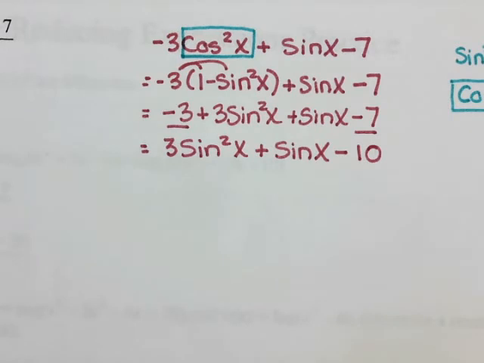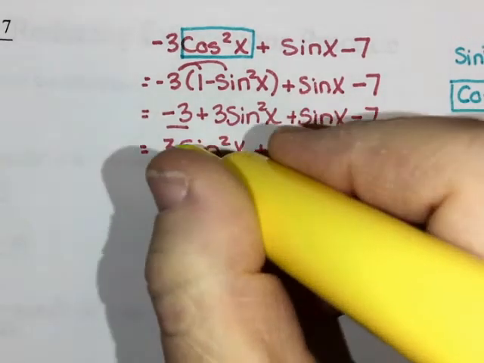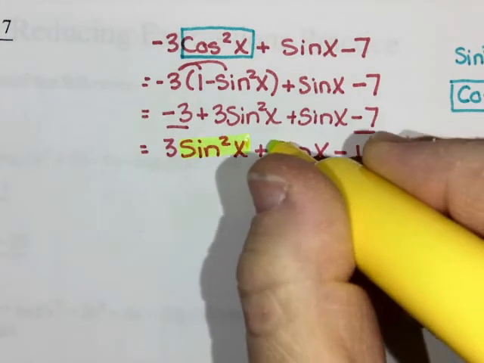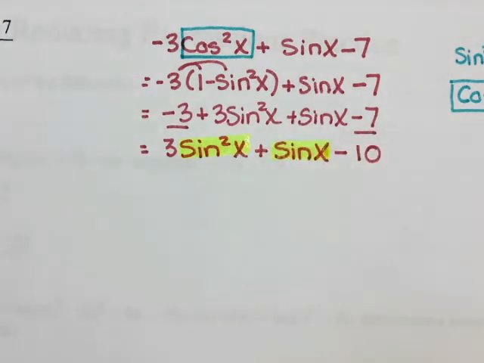So now I'm going to try to factor. If you feel like you can do it with the sines in it, then do it with the sines in it. And if you're looking at this and thinking, I don't know what to do with that, then I would recommend taking out sine x, not sine squared, but sine x, and then seeing if you can do a little bit of variable replacement.